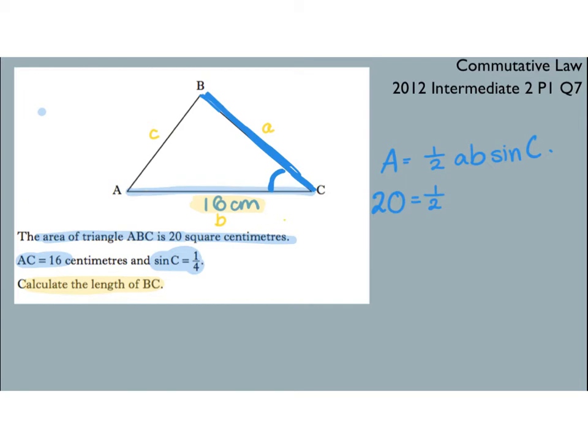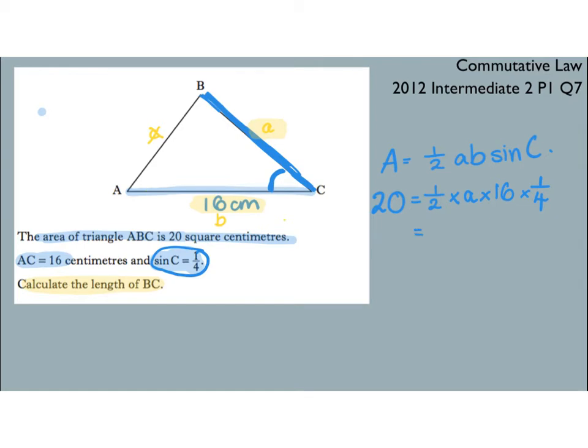Now it's BC that I'm supposed to be working out, and we're calling BC little a. We don't use that in our formula, so I don't know what a is. b is 16, and sine C is a quarter.